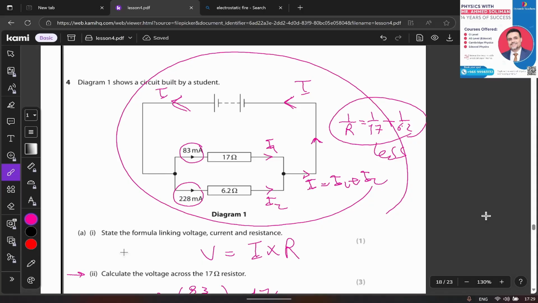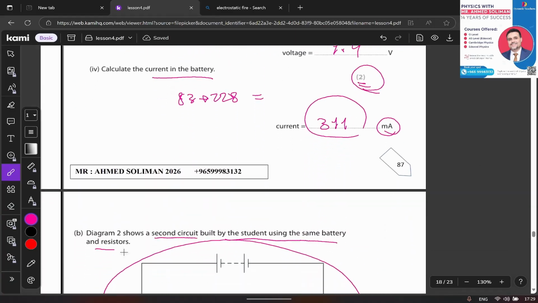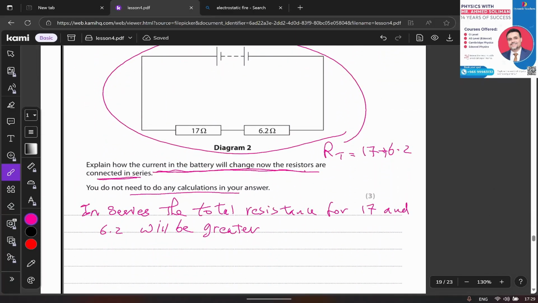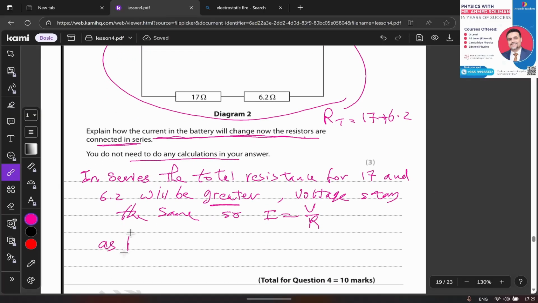It will be less than 6.2. So now what happened to the total resistance? It becomes greater in series, right? Voltage stays the same. So I equals V over R. As resistance increases, what happened to the current?